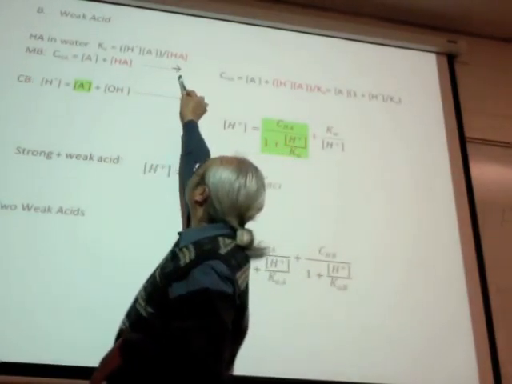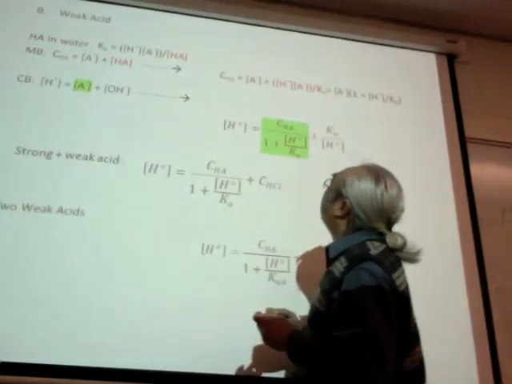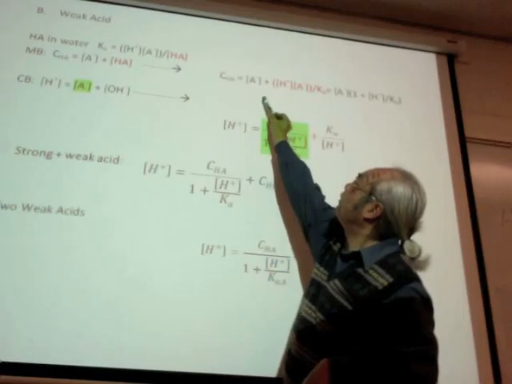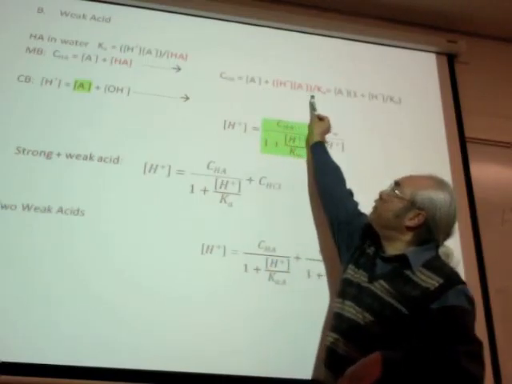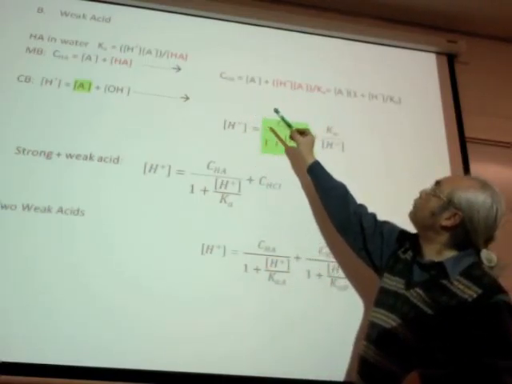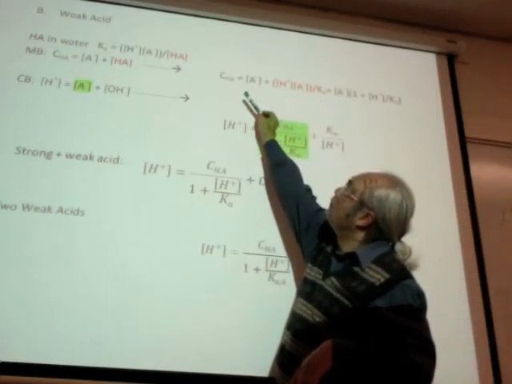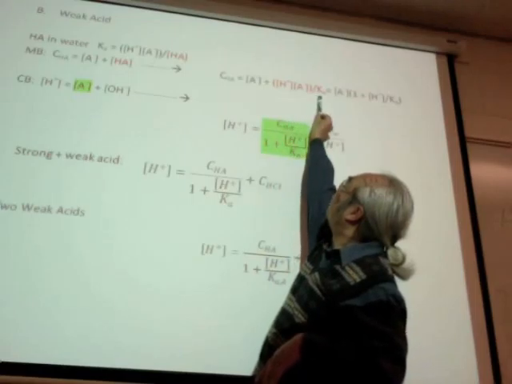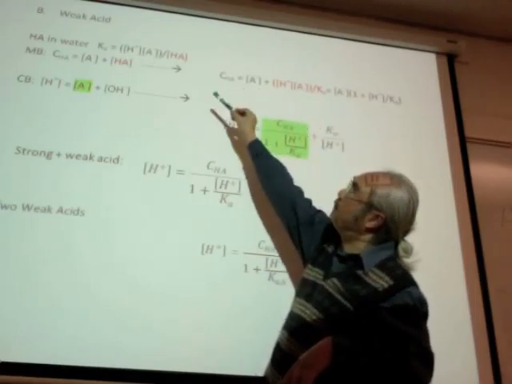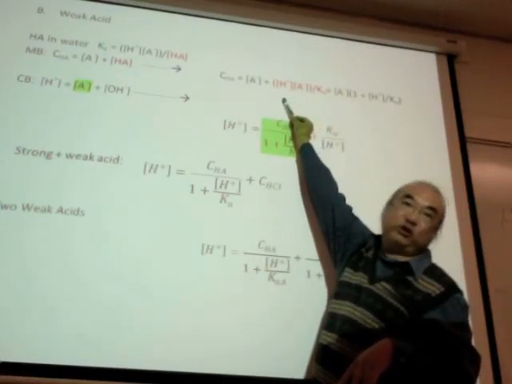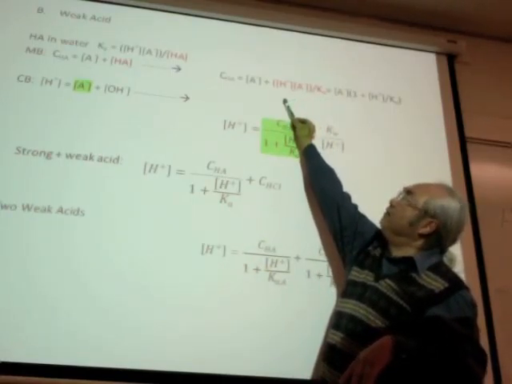Okay, so now you're going to substitute. From the mass balance equation, you're going to substitute into the Ka expression. The red one is the equivalence for the HA. So you substitute it by that.